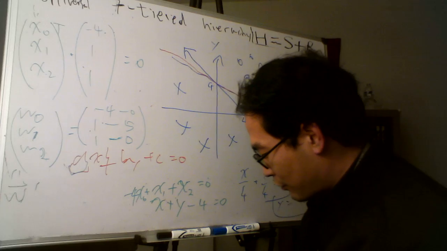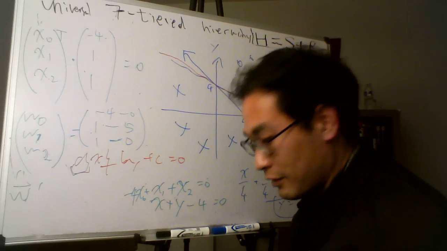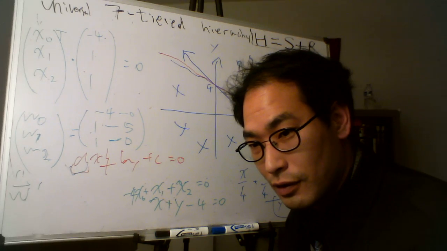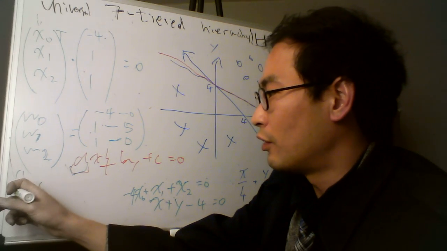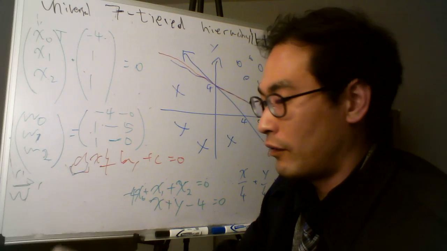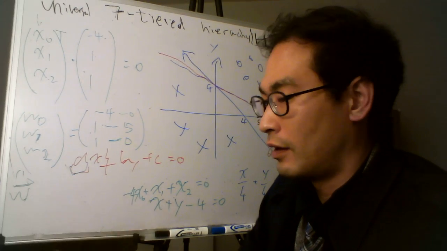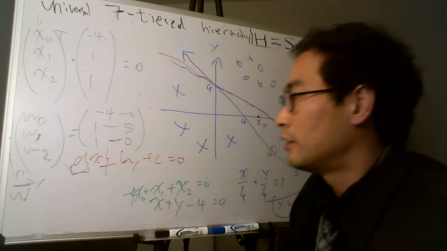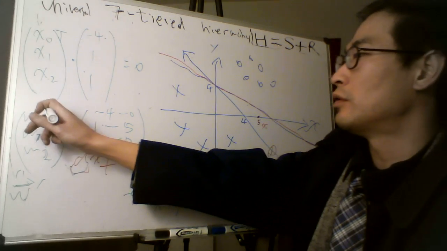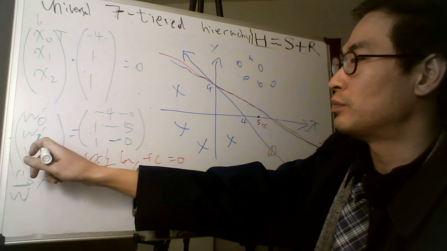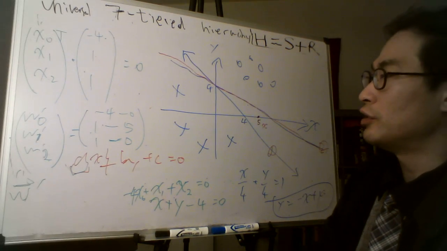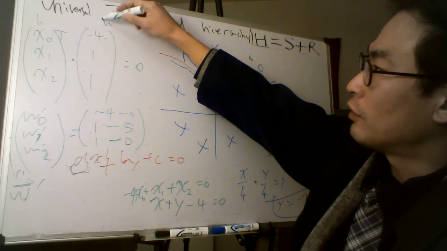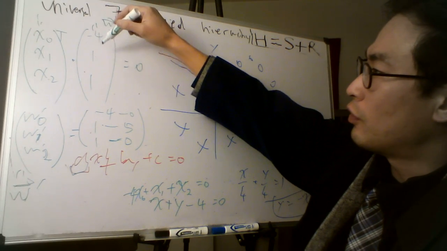I'm going to shift the whiteboard a little bit so that you can see it. So the weight vector w prime, w0 prime, w1 prime, w2 prime, is equal to the original weight vector, which is -4, 1, 1.